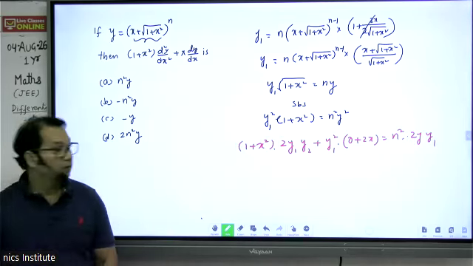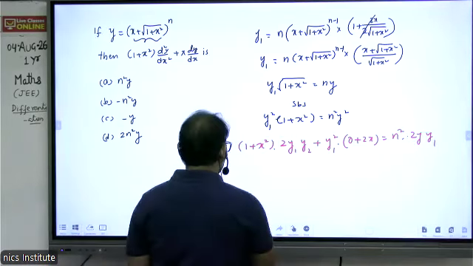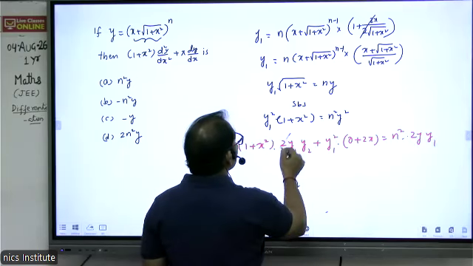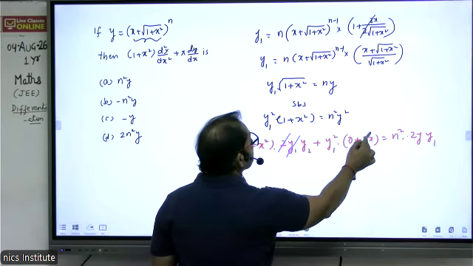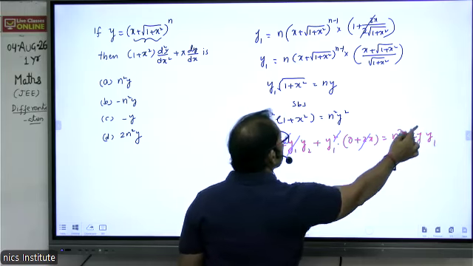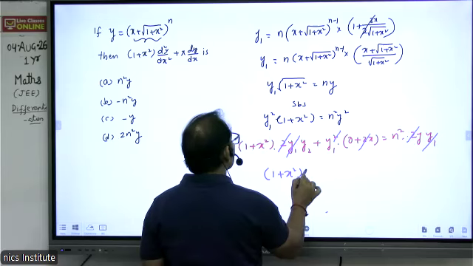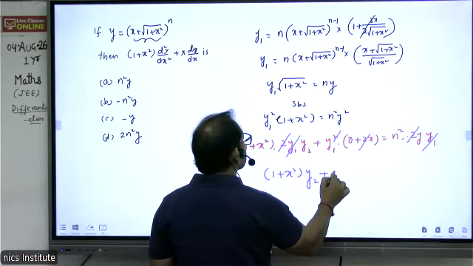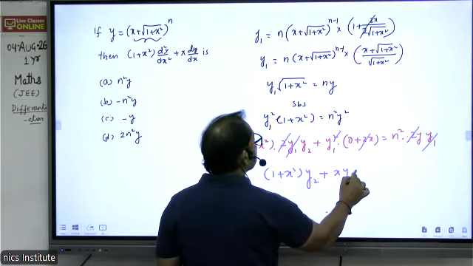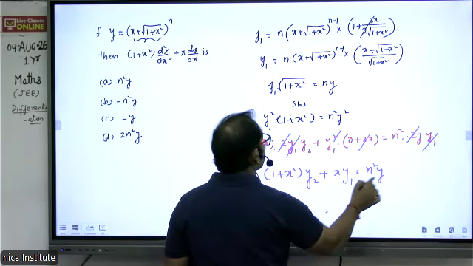All right. So now you have 2y1 cancelled, 2y1 cancelled, 2y1 cancelled. So 1 plus x square into y2 plus x into y1 is equal to n square y.